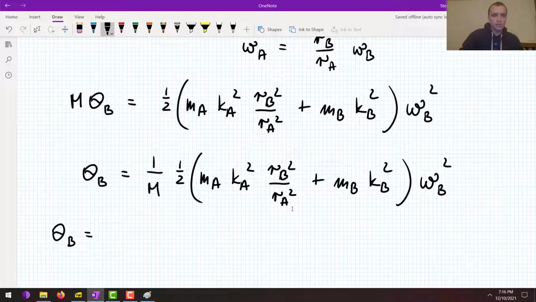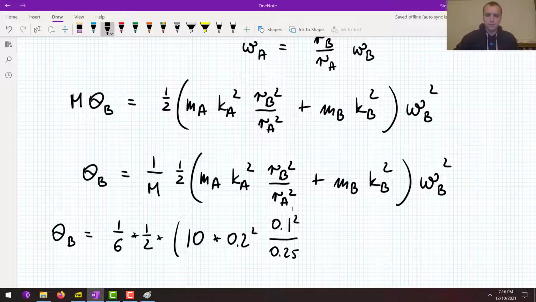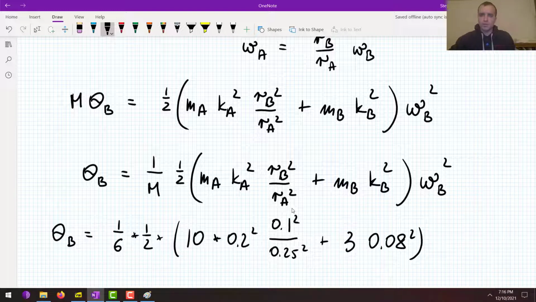Theta B is equal to, if I remember correctly, 1/6 times 1/2 times 10 times 0.2 squared times 0.1 squared over 0.25 squared, plus 3 times 0.08 squared, times 20 pi.